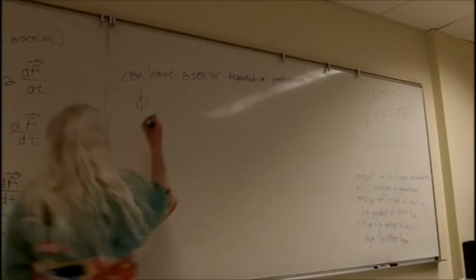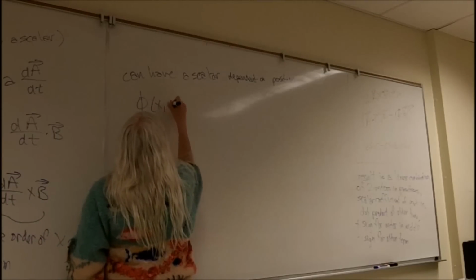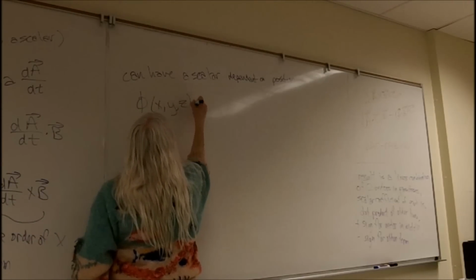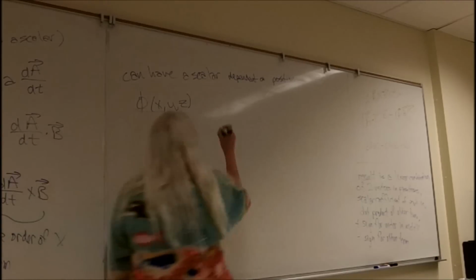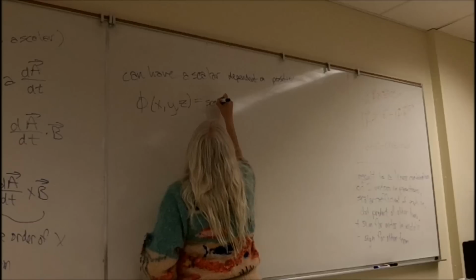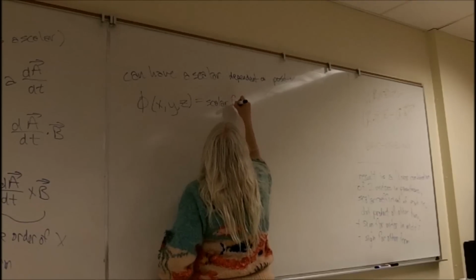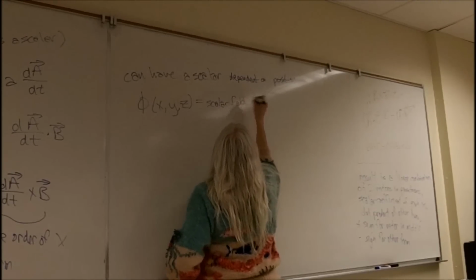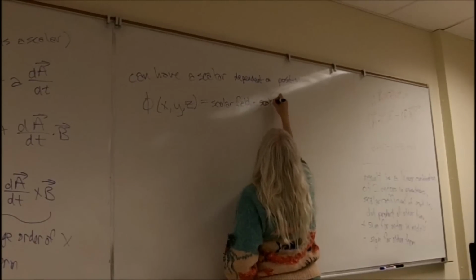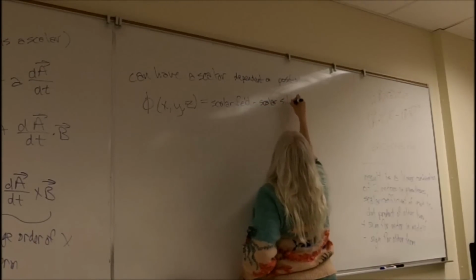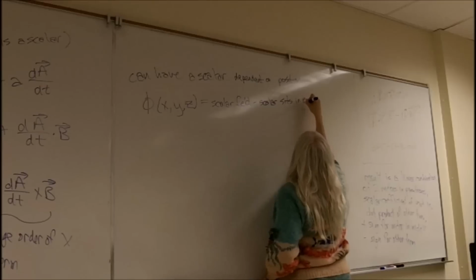I'm talking about some scalar that depends on our three-dimensional Cartesian coordinates x, y, and z. So what I'm really describing here is something called a scalar field. That's the technical name for this. In other words, there is a scalar sitting at each point in space.